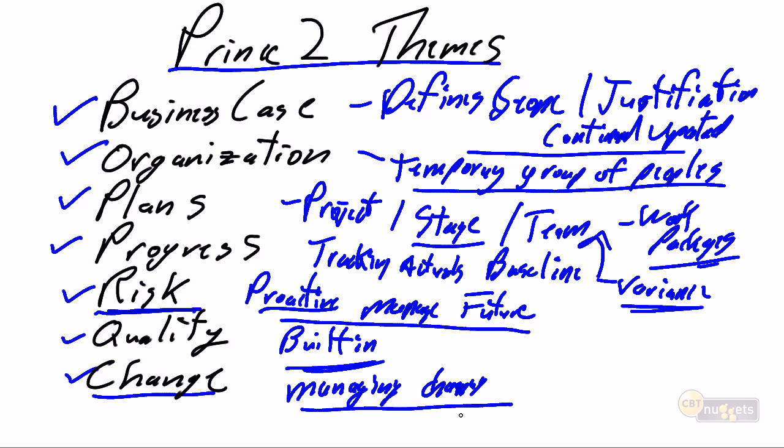Change can happen at an astronomical pace, but if we successfully manage change, we analyze change, we document change, and we approve change, we're going to successfully deliver the project to our customers' expectations.